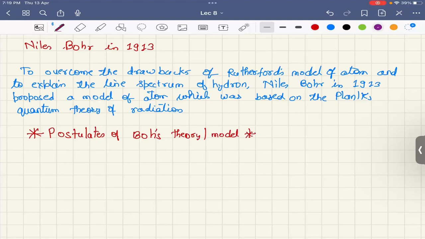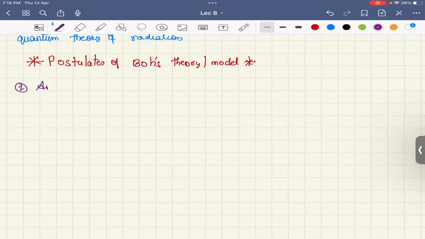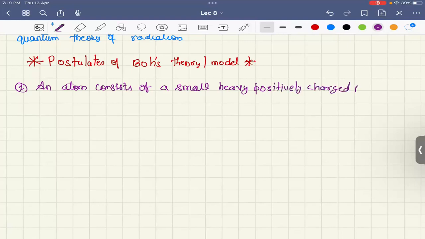The first postulate was: an atom consists of a small, heavy, positively charged nucleus in the center, surrounded by electrons.